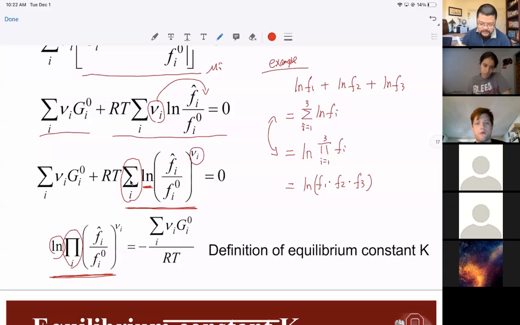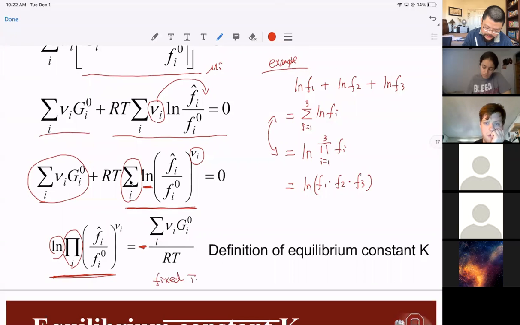Now we switch the operation, and then we reorganize. Pay attention to the minus. We move the first term to the right-hand side of the equation, and this is the equation we have over here. Looking at the equation, at least we know the temperature is known because that's coming out of the fixed T and P. So we know the temperature, we know the gas constant.